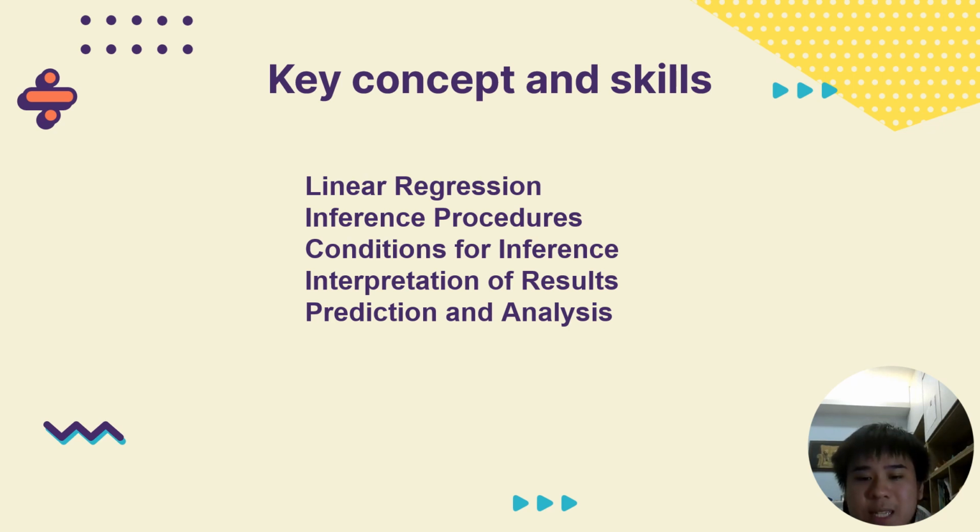These procedures assess whether there is a significant linear relationship between the variables. Conditions for inference: to perform inference for regression slopes, certain conditions must be met, including linear, independent, normality, equal variance, and randomness of the data.